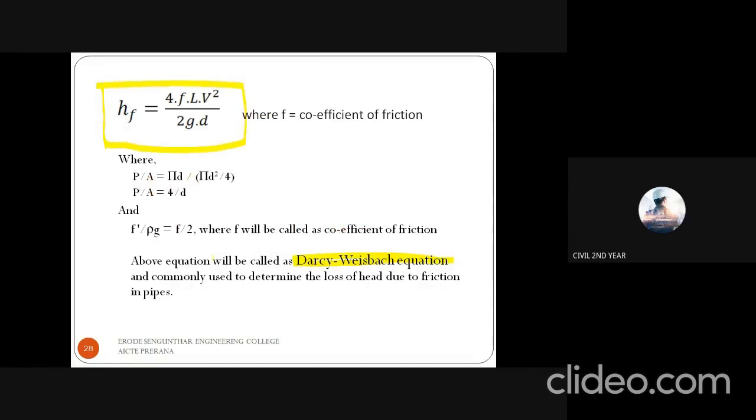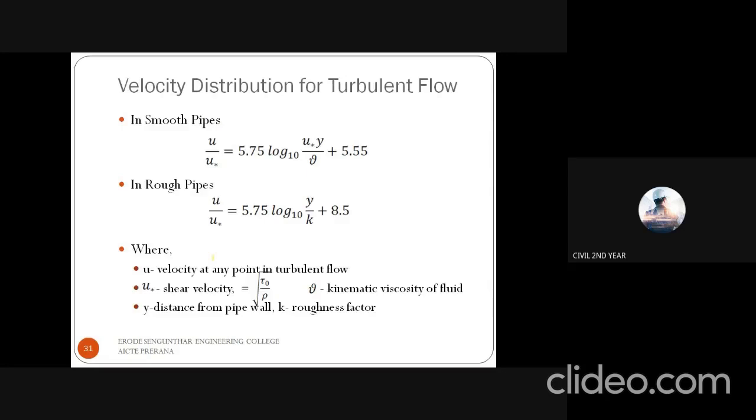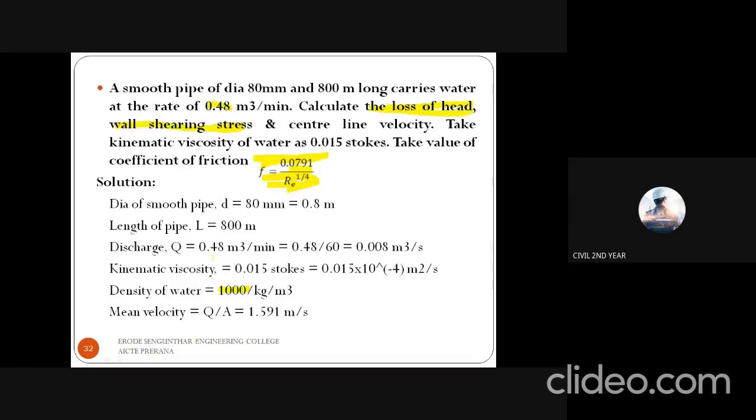So the given equation is the Darcy-Weisbach equation. Then we discussed the formulas you have to know for turbulent flow velocity distributions, and one problem was discussed.